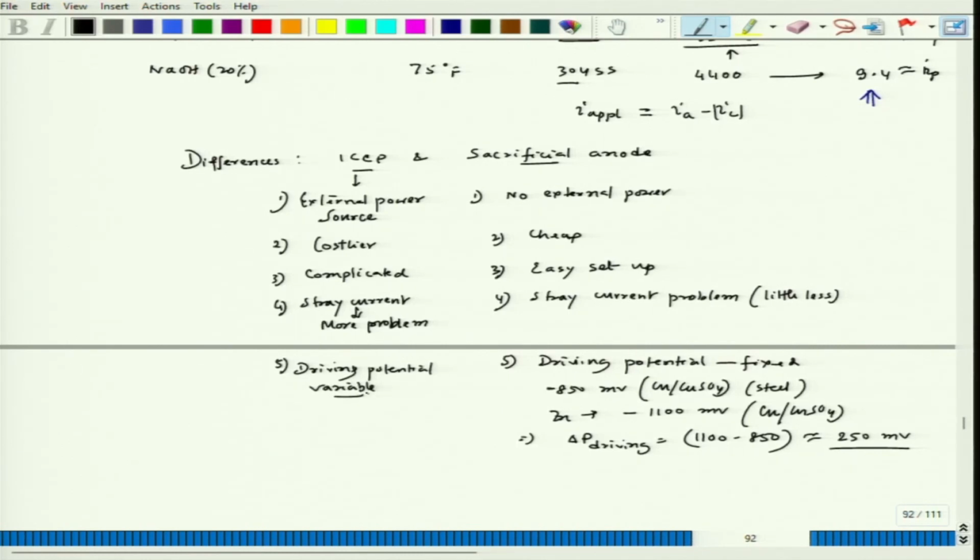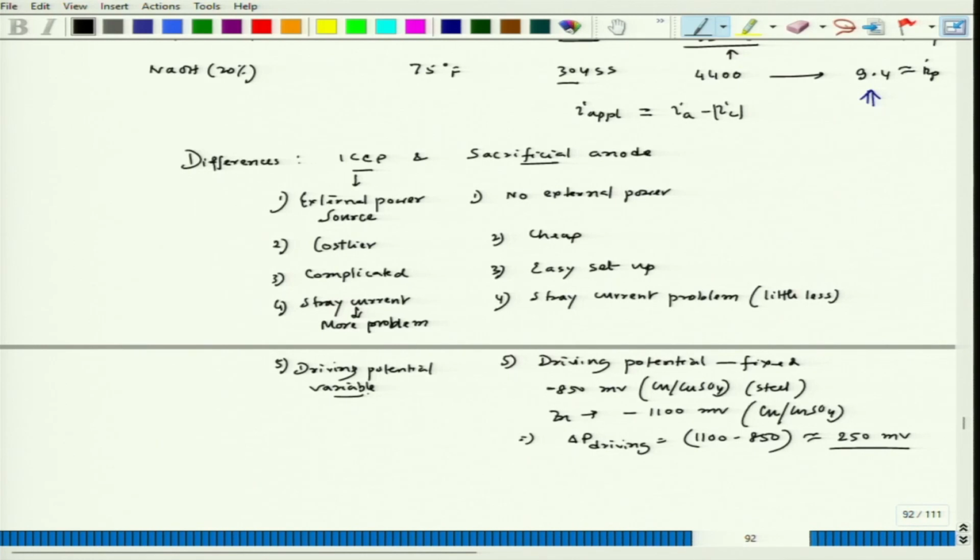In fact, in case of ICCP, let us say we can actually increase the DC power source rating, or we can operate at a low value.